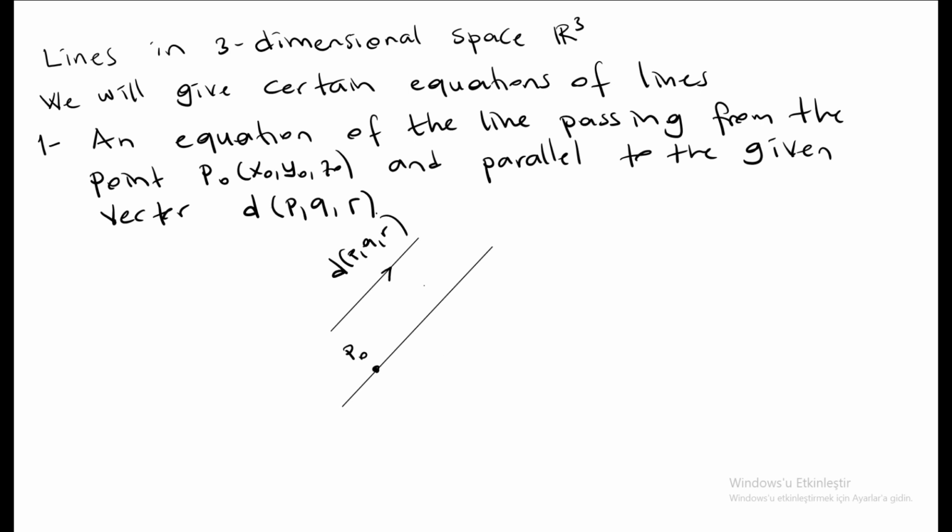So to find the equation of this line, we need to find the arbitrary point. So let's say this is the arbitrary point. Let's say this one is X. So the component is X, Y, Z. So if I find these points X, Y, Z, then I will find the equation of the line.